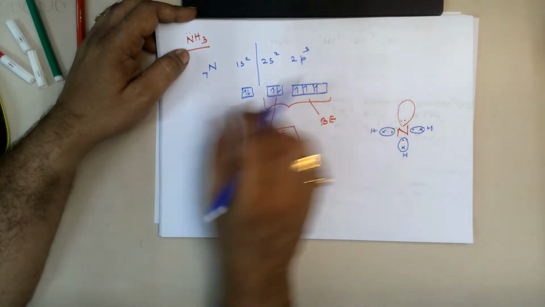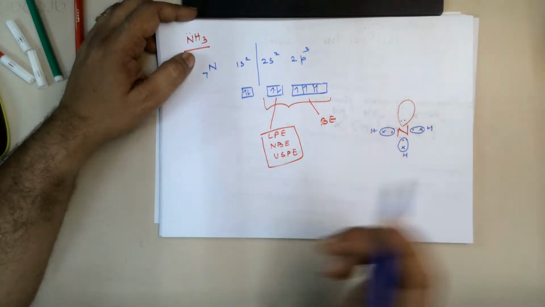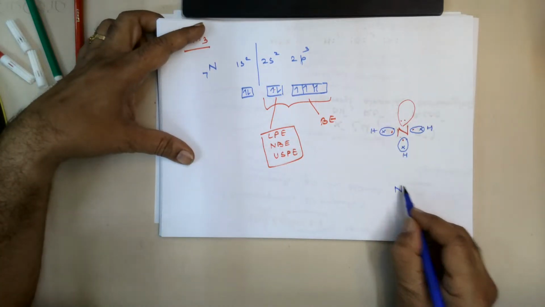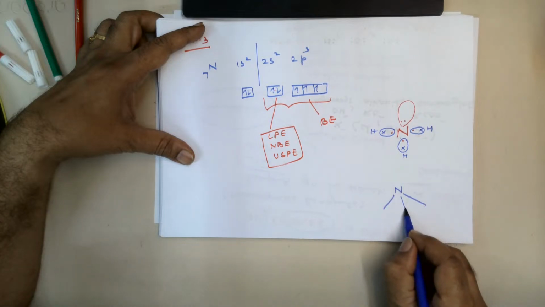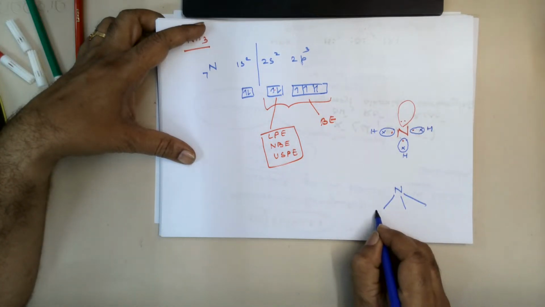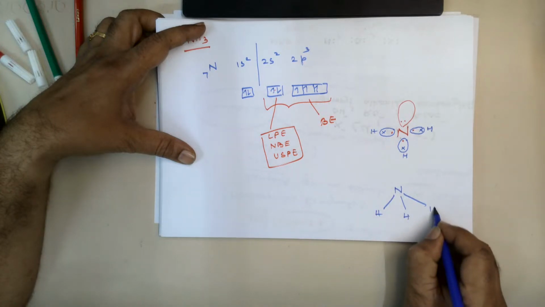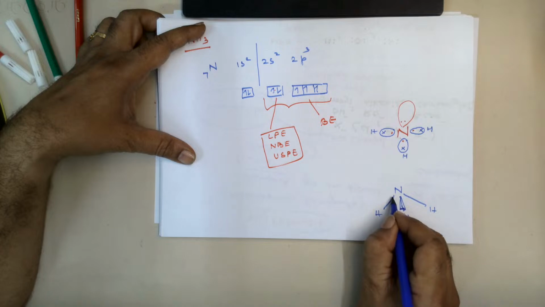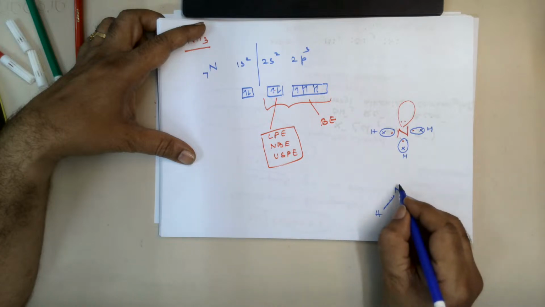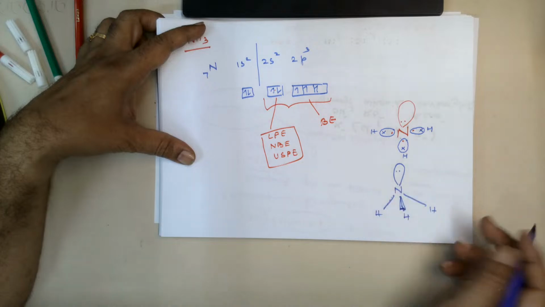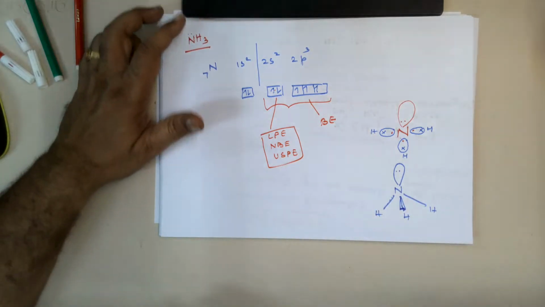It involves s and p, is it not? And there is a lone pair of electrons, and that is why it has got the tetrahedral structure like this. Actually, this is trigonal pyramidal. It looks like a camera tripod. One hydrogen is above the plane of the paper, and one hydrogen is on the other side. So a pair of electrons is located like this. So this is the structure of ammonia.